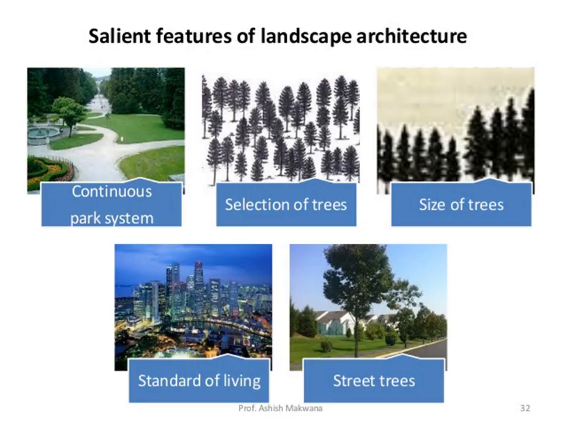The salient features of landscape architecture consist of continuous park system, selection of trees, size of trees, standard of living and street trees.